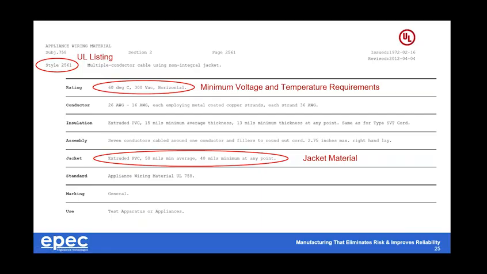So focusing on the actual UL requirements themselves, this listing is direct from UL, and what it covers is the flat cable or ribbon cable that we talked a bit about a few slides back. This is for UL 2561.